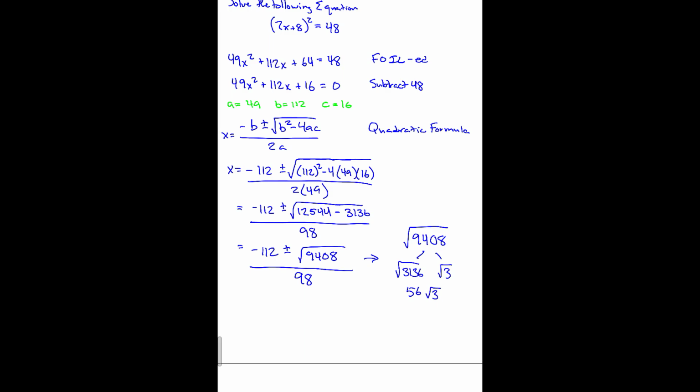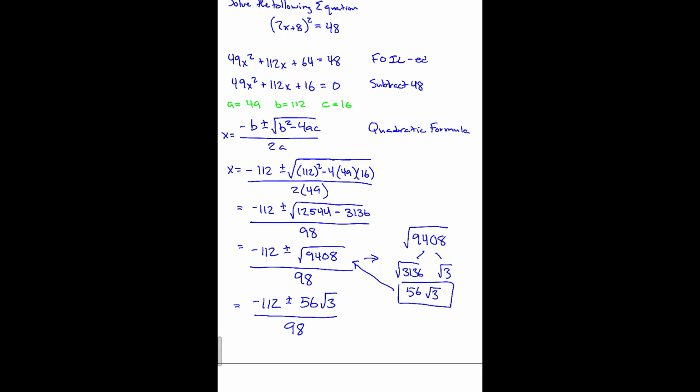So now we're going to take this 56 times the square root of 3, and put that in place of the square root of 9408. So that would be negative 112 plus or minus 56 square root of 3, all over 98. All right. So far, that's what we're looking at. Now we have to start reducing.